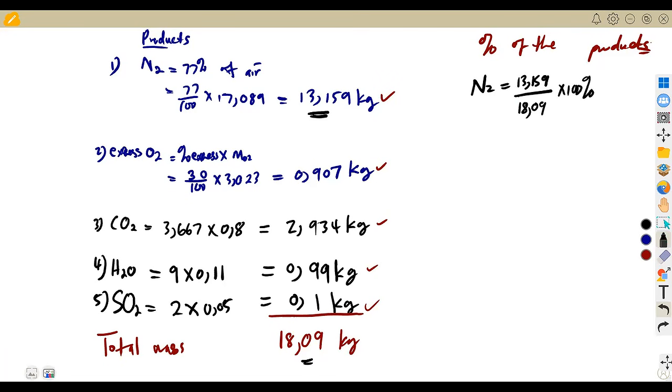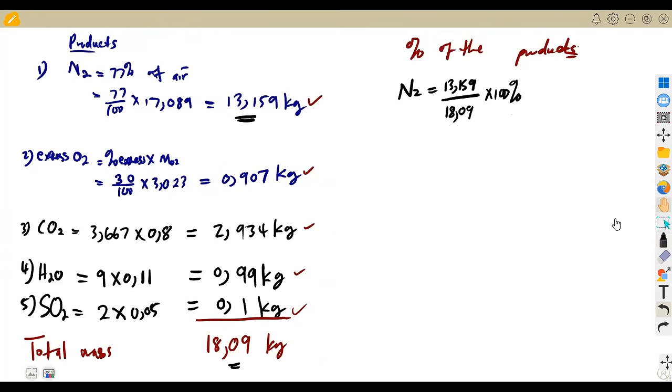We are supposed to obtain the percentage which corresponds to nitrogen. These are the percentages now. So nitrogen was going to give us something like 72,742%. So like I said, the rounding off, guys, it's up to you.